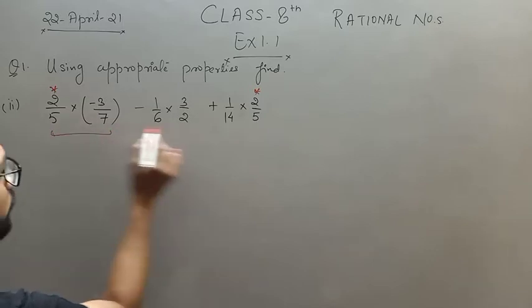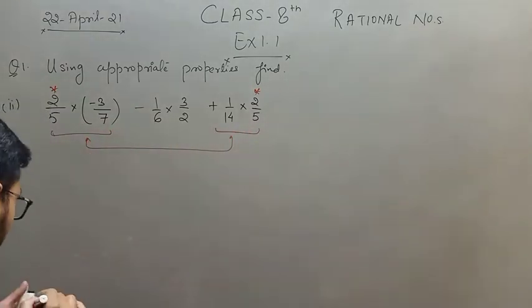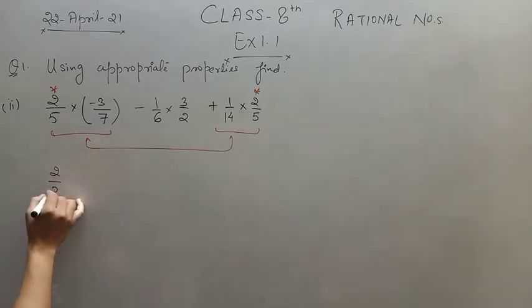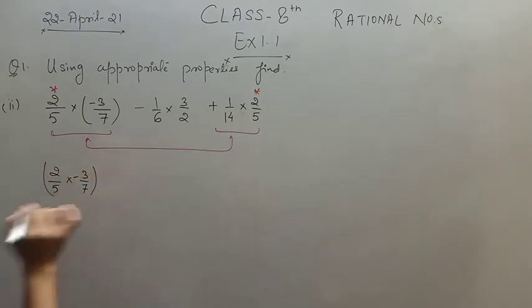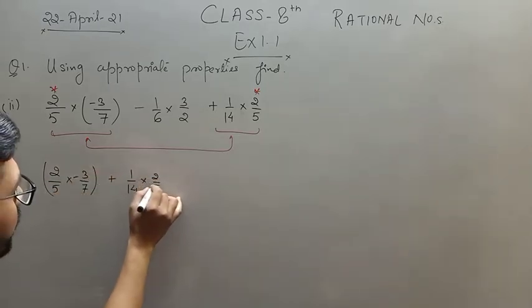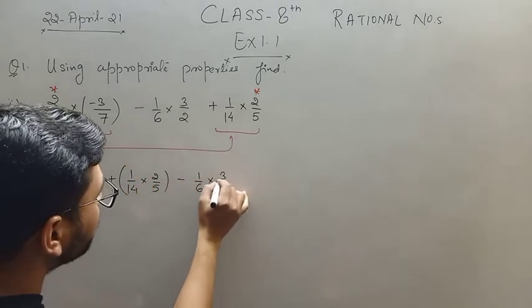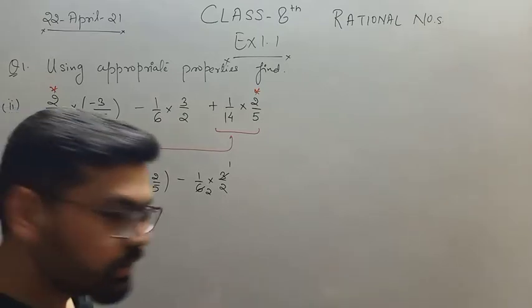I'll just club these two terms together. I'll write 2 upon 5 into minus 3 upon 7, one term is here, plus 1 upon 14 into 2 upon 5, and this term as it is, 1 upon 6 into 3 upon 2, which can be written as 3 1s are 3, 3 2s are 6.